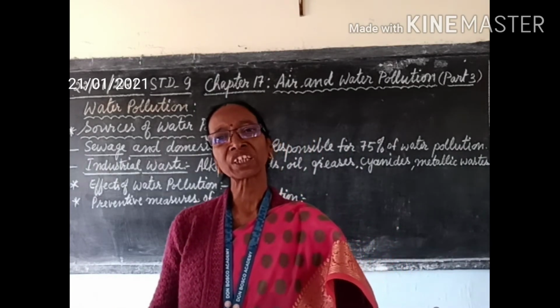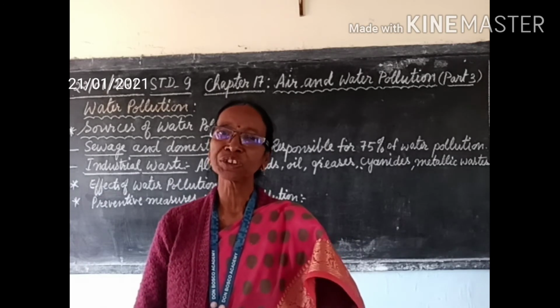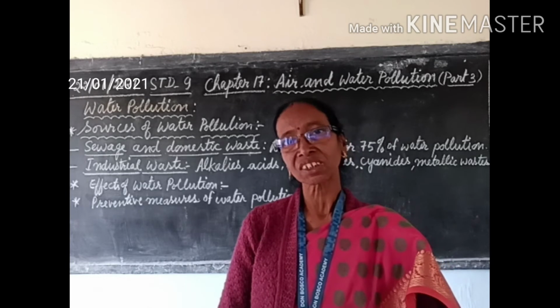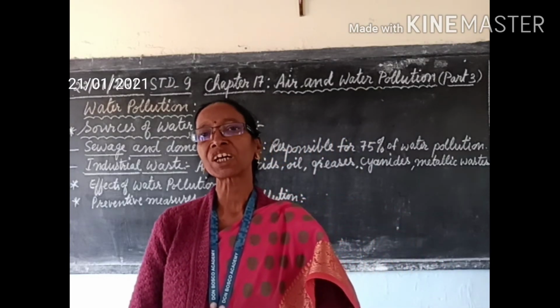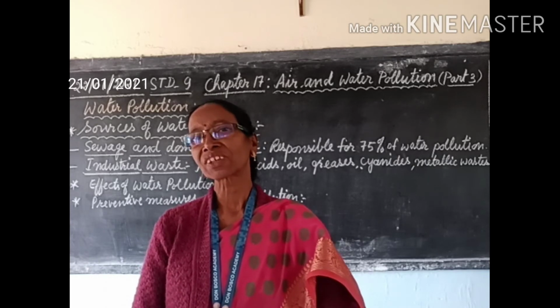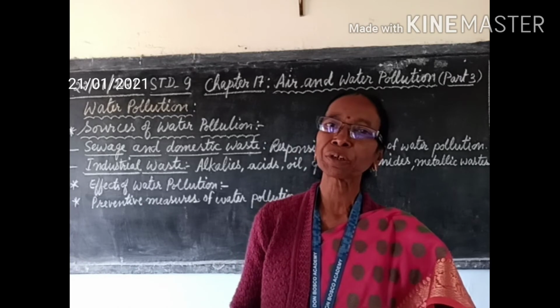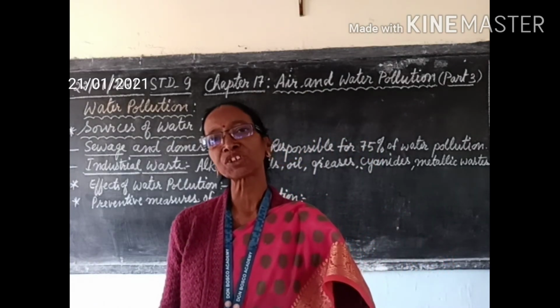We have a lot of water on the surface of the earth, but everywhere there is pollution. And that is why there is scarcity of drinking water in some areas of the world. People are facing the problem of scarcity of water. Though there is heavy rainfall, the people are not getting water. Why? Pollution. There is pollution everywhere.